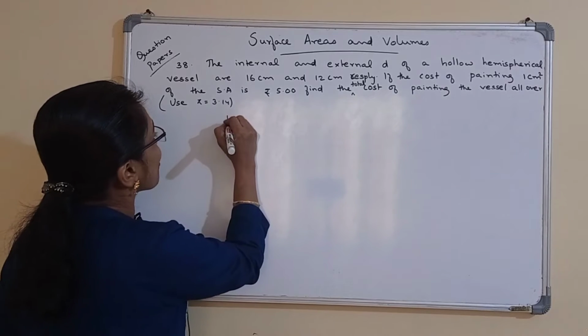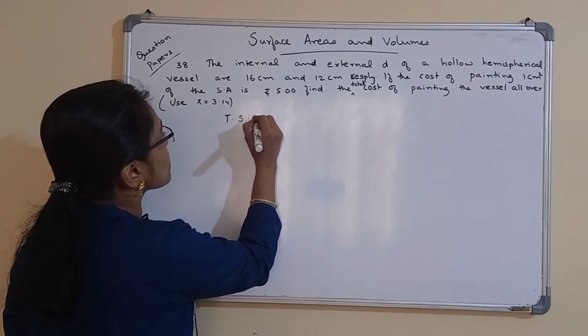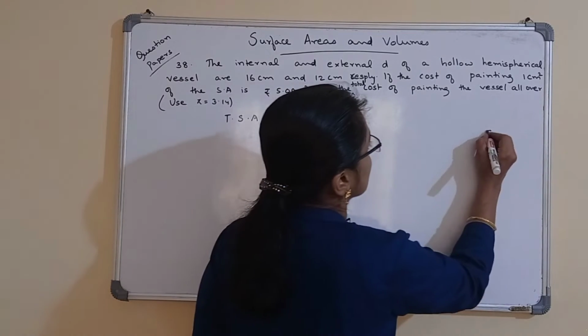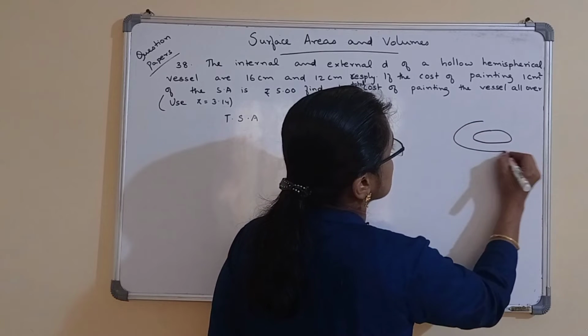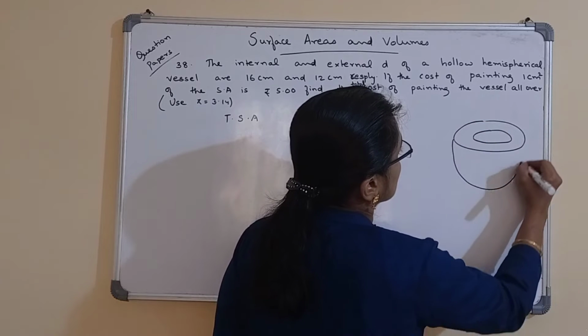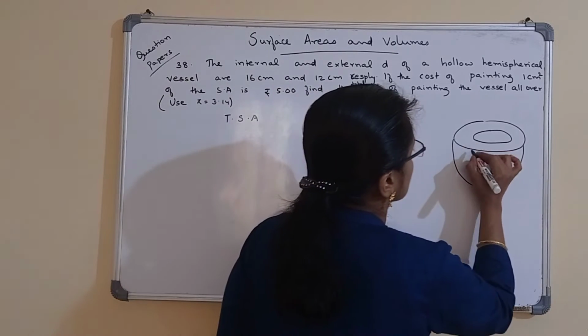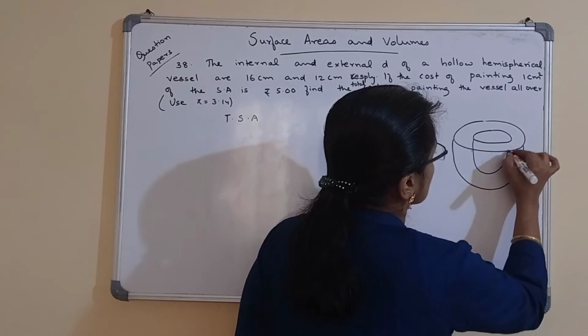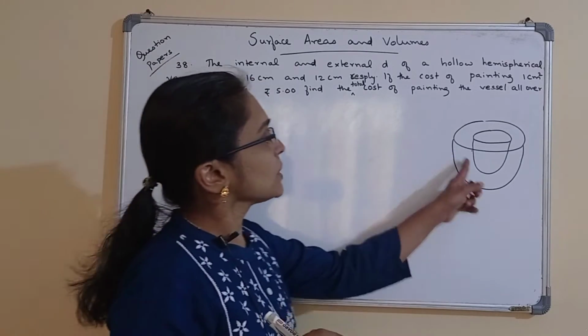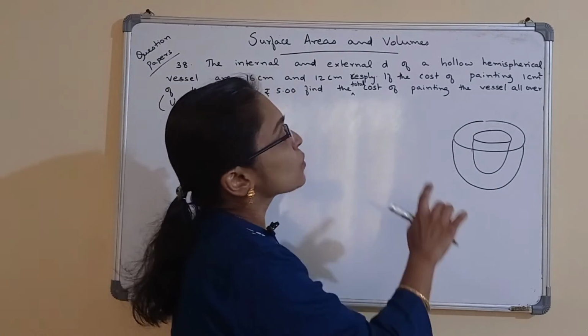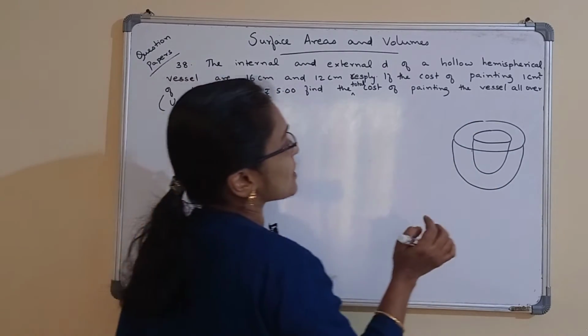Now, what is the total surface area of this hollow hemisphere? We can consider it like this. So, here there will be, from here also it will be coming down. So, what is the total surface area of this hemisphere?